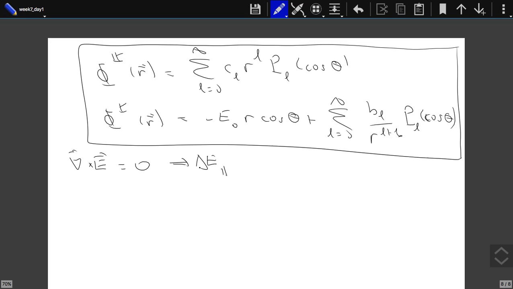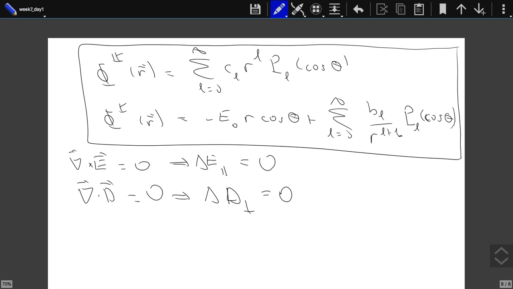So we still need to match these two potentials over the sphere. Remember, we have two conditions. The curl of the electric field is equal to 0. This condition basically tells us the parallel component of the electric field across any surface should be continuous. There is no jump.